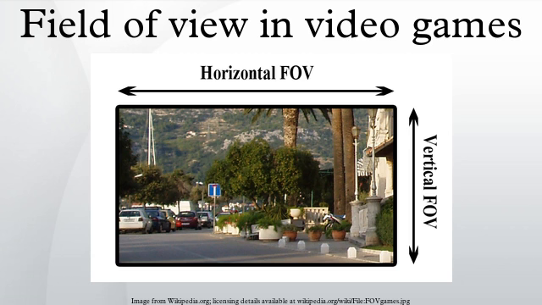In games with HOR+ scaling, the vertical FOV is fixed, while the horizontal FOV is expandable depending on the aspect ratio of the rendering resolution. A wider aspect ratio results in a larger FOV. Since the majority of screens used for gaming nowadays are widescreen, this scaling method is usually preferred as wider aspect ratios do not suffer from reduced FOV with it.